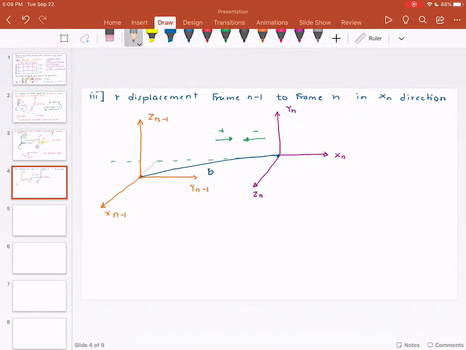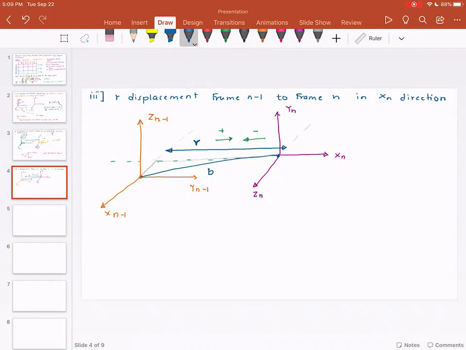So you have two distances. There is one distance here, which is parallel to zn, and the second distance here, which is parallel to xn. So we are looking at this distance. This distance is r.